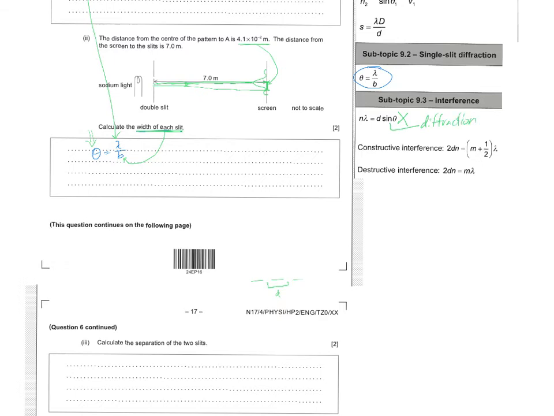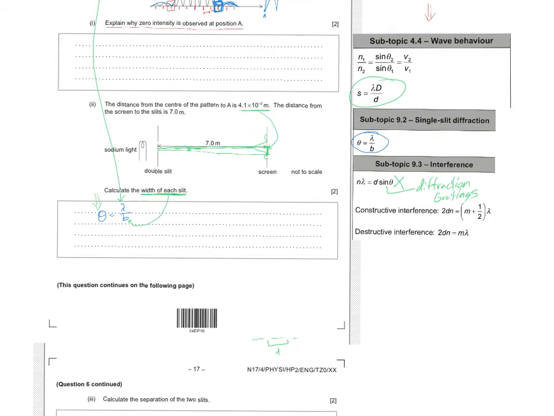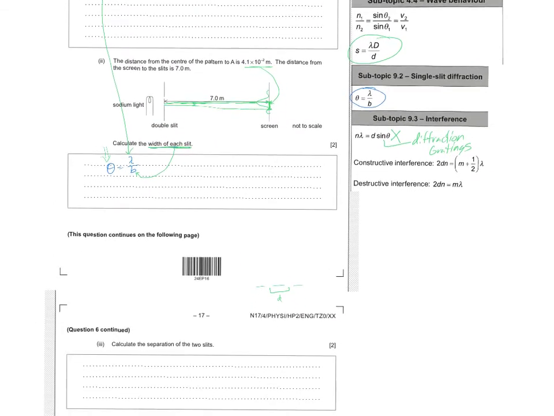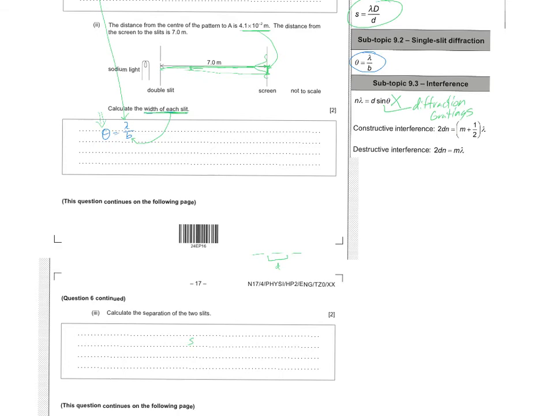Even if you get the right answer, they will give you 0 credit if you use that. You must use the formula for double slits, which is this one up here, the s equals lambda D over d. And so we go s equals lambda D over d. And you should be able to work through that, right?